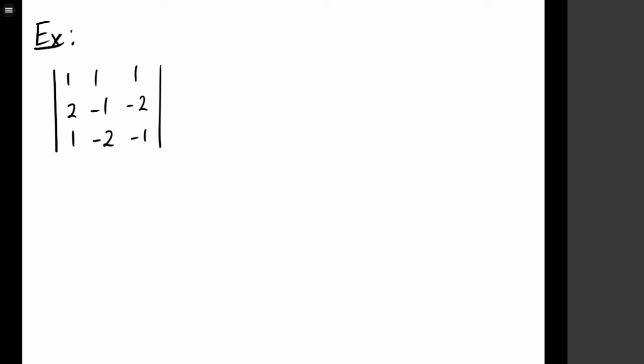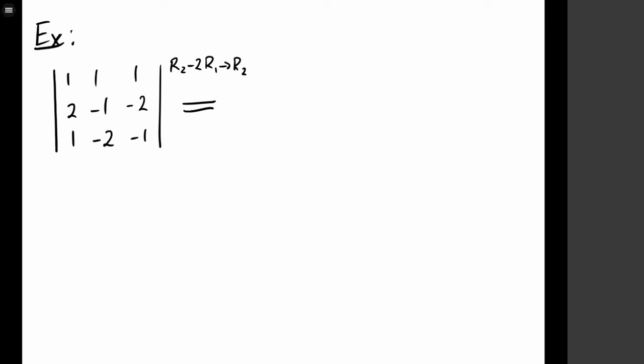Okay, so if we're going to start turning this into a triangular matrix, what we might want to do here is say row 2 minus 2 row 1 goes to row 2.